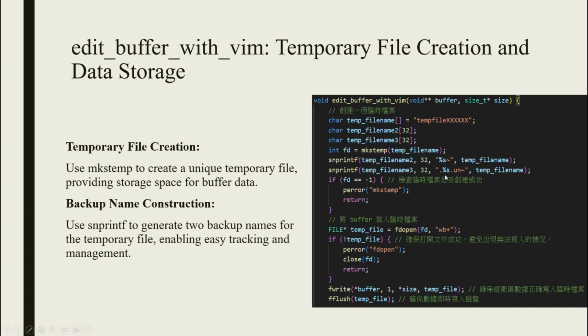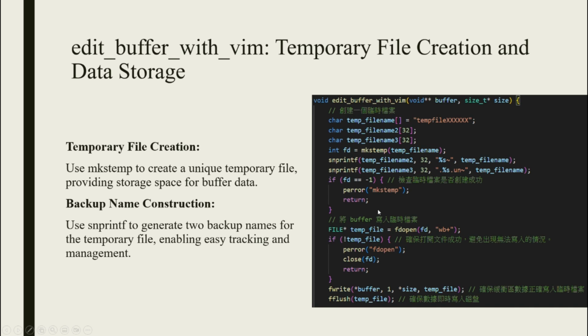And smprint is used to construct two backup names for the temporary file, facilitating tracking and managing different versions of the temporary file.